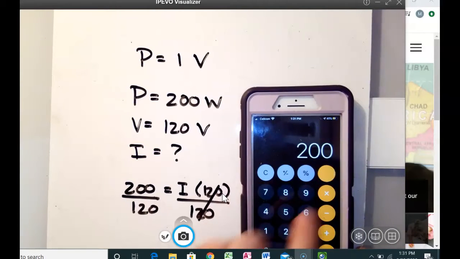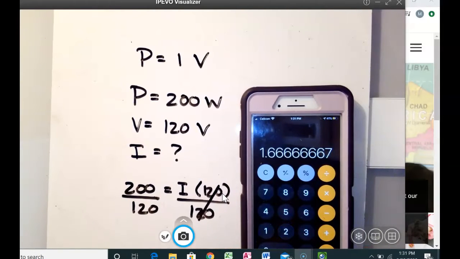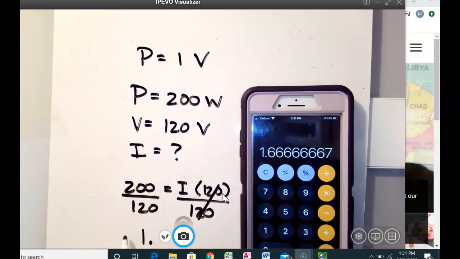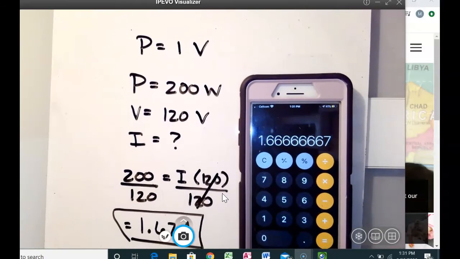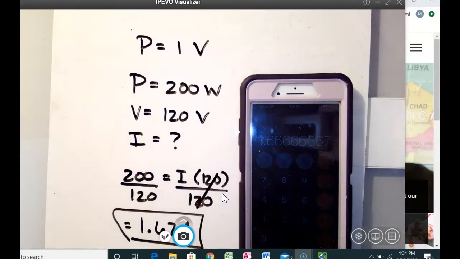So 200 divided by 120, and I end up with, and let's just go to the hundredths place, so that appliance at full power is going to use 1.67 amps of current. All right.